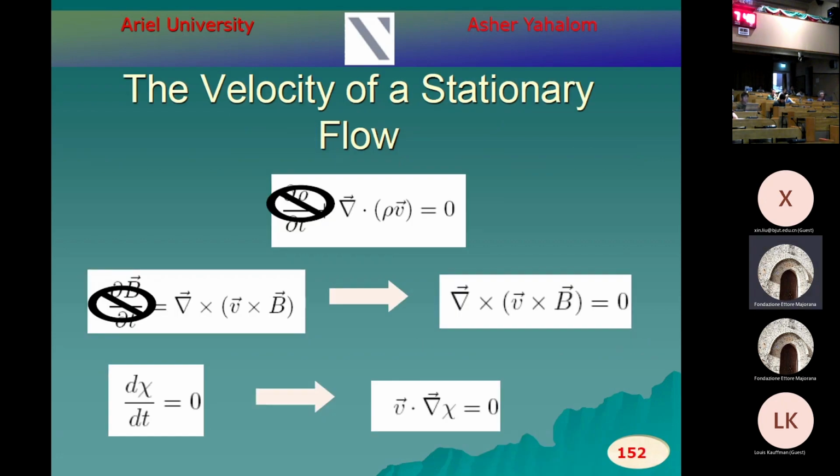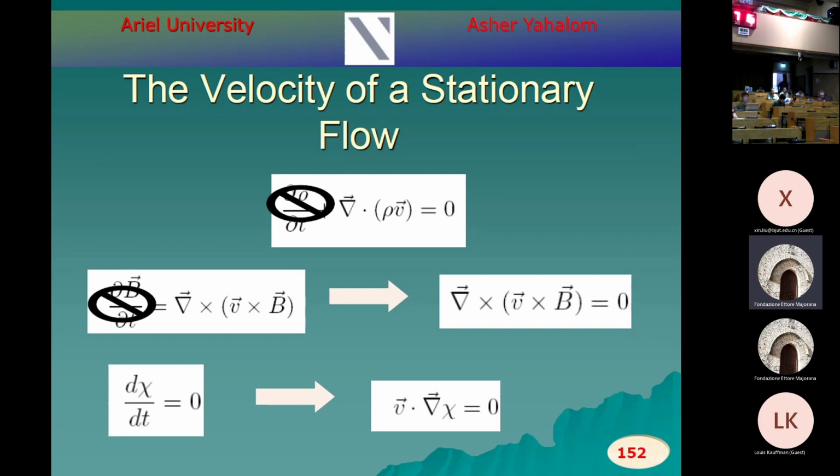Now, here is the special thing going on in stationary flows. We don't have partial time derivatives, so div rho V is equal to 0. Chi is co-moving, so V dot grad chi is equal to 0. V is on chi surfaces in stationary flows. And we have a rotation of V cross B equals to 0.